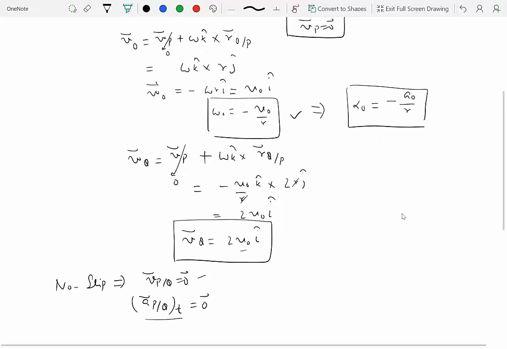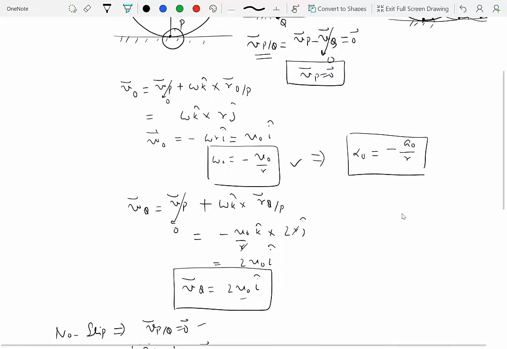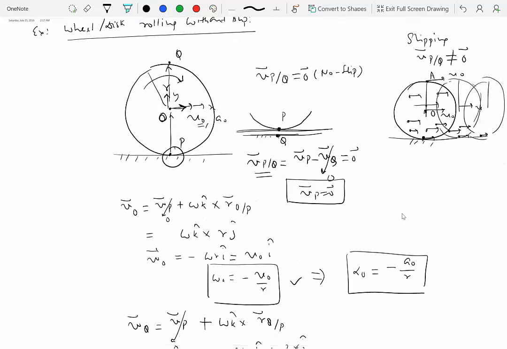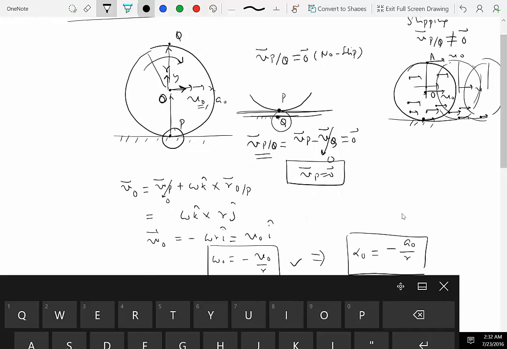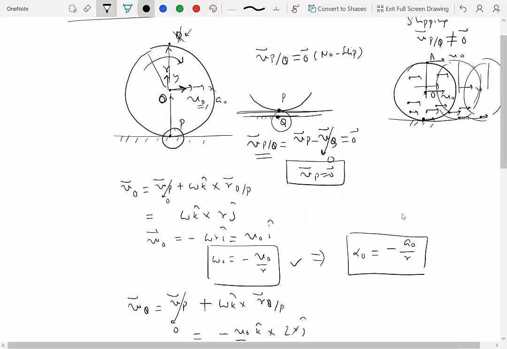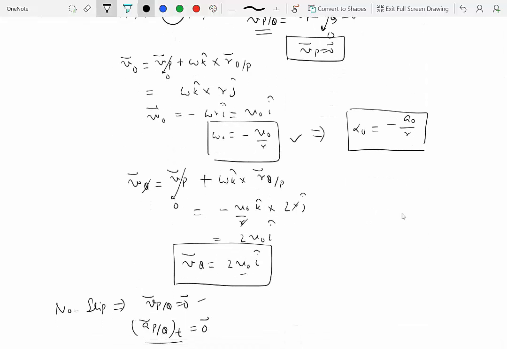Okay, by the way, I just realized that I have abused the notation slightly over here. I'm calling this point Q over here, and I'm also calling this point Q here. So I shouldn't call this Q, actually. Maybe we'll call it R, okay? So when I determine velocity of the Q here, this was actually R, and this is R, and this is P, okay?